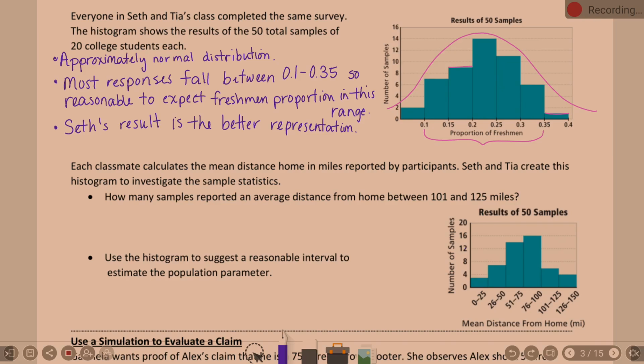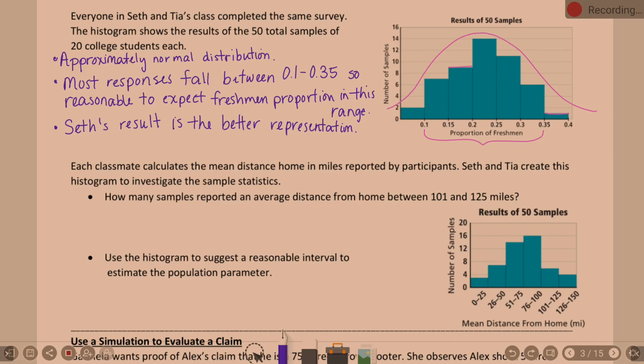Okay. Now, first question. How many of the samples reported an average distance from home between 101 and 125 miles? Are we afraid to guess? It is kind of a guessing game. I'm not going to argue there. 6.